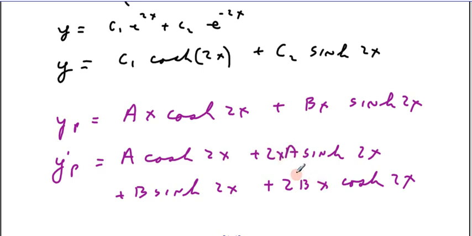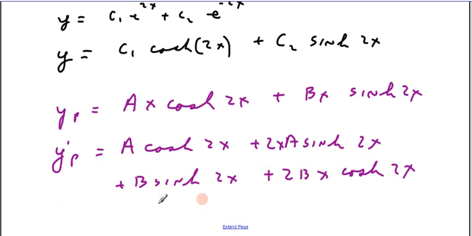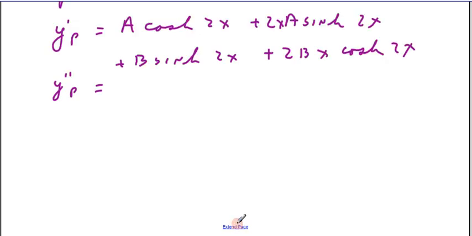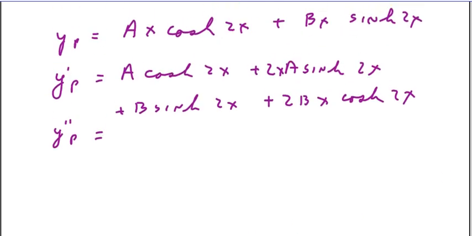2x sine. And then y double prime p is going to be, and I get 8 terms this time, so that's cool.